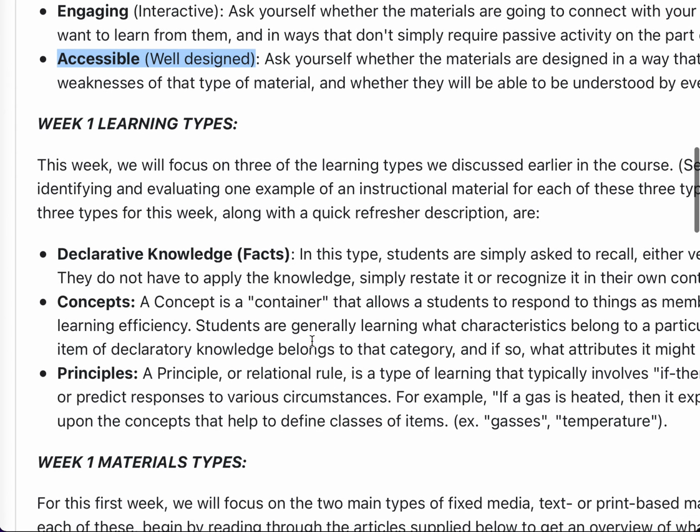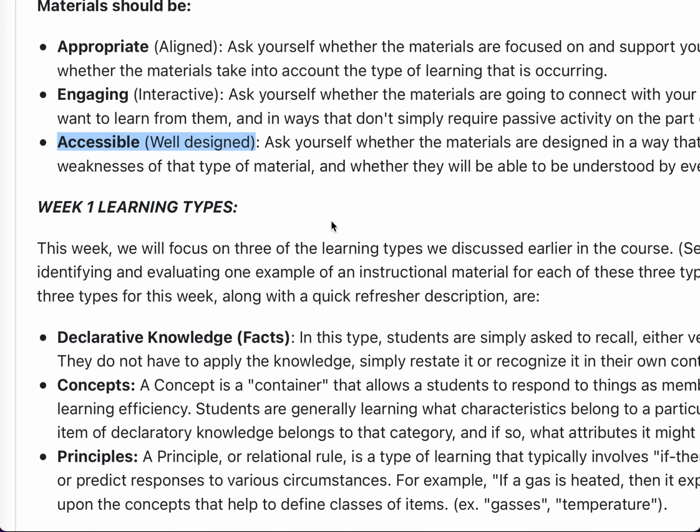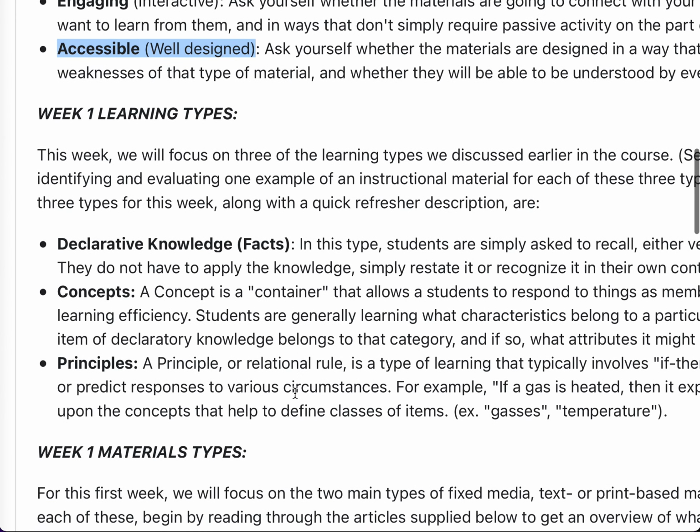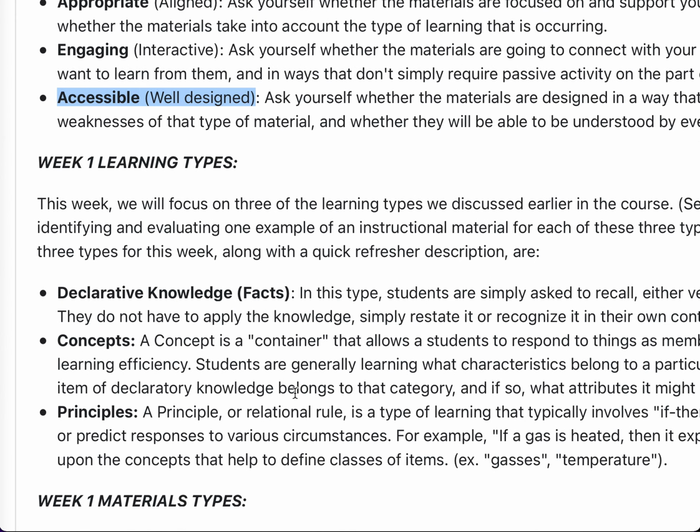Then the second piece to keep in mind is the learning types. And this goes back to week 7. This also ties into the appropriateness from the previous one, in that you want to make sure that you're lining up the material with the type of learning that's happening.